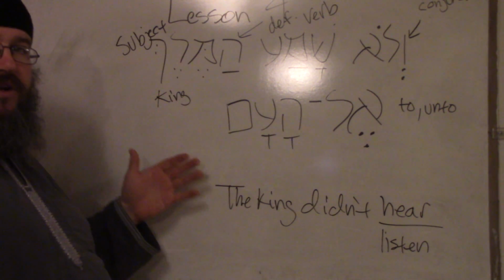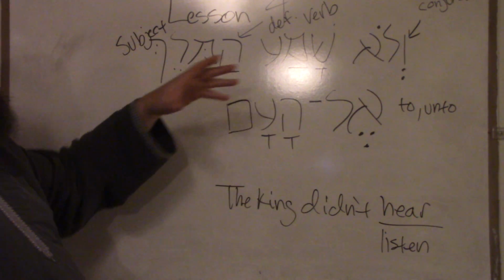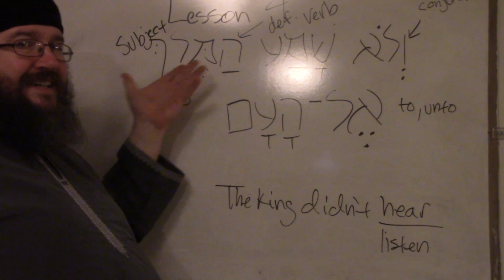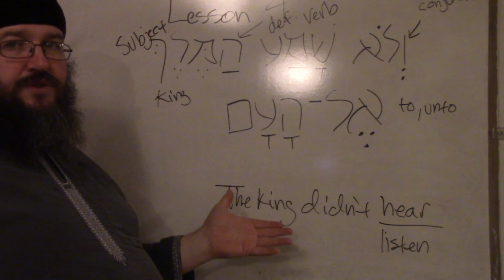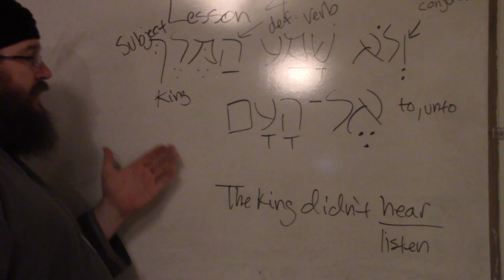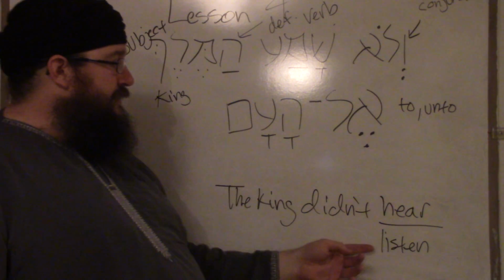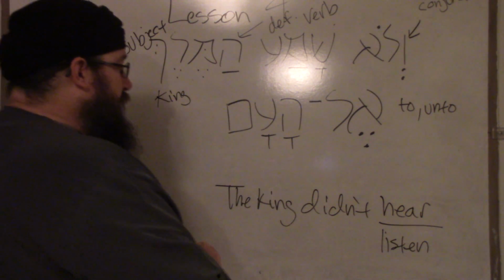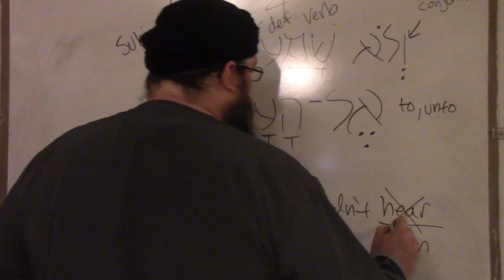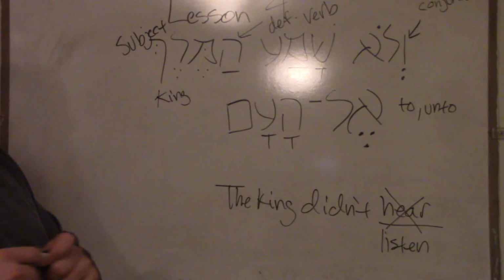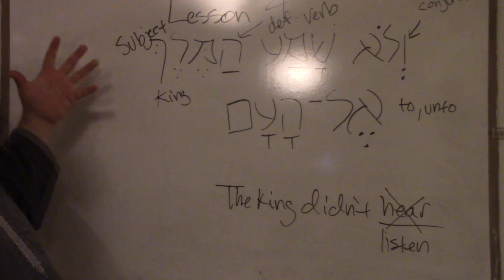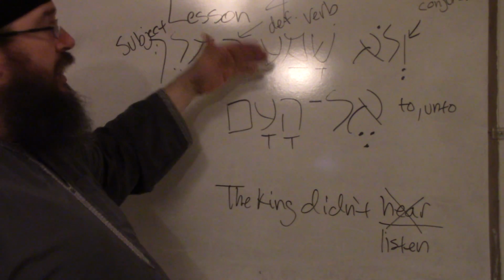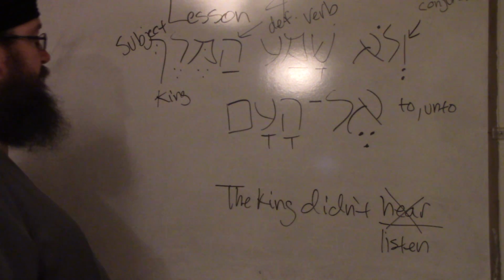And this is the same thing we're going to find here. The word Shema is a word by which the context defines the usage. And so here we see Shema is being used as to listen and not hear. Therefore this is not the proper translation, because the context is defining which contextual meaning of Shema we have to utilize.